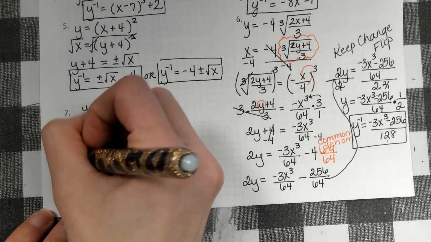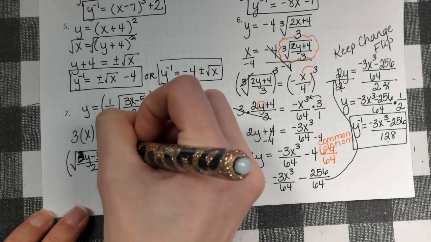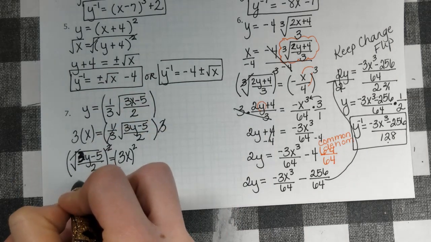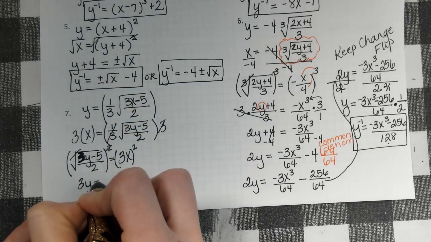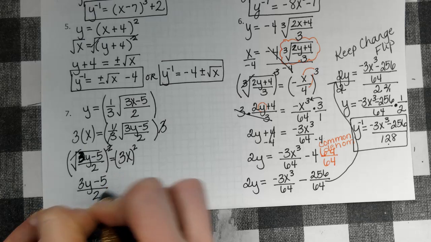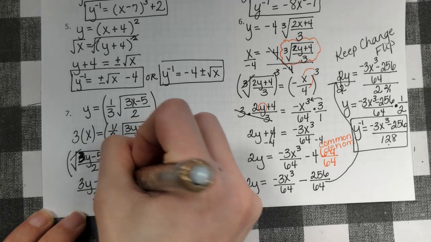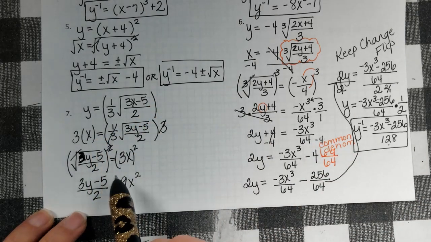Square. I'm going to square both sides because I want to get rid of that square root. So that leaves me with (3y minus 5) over 2 equals, what's on my right side? 9x squared.